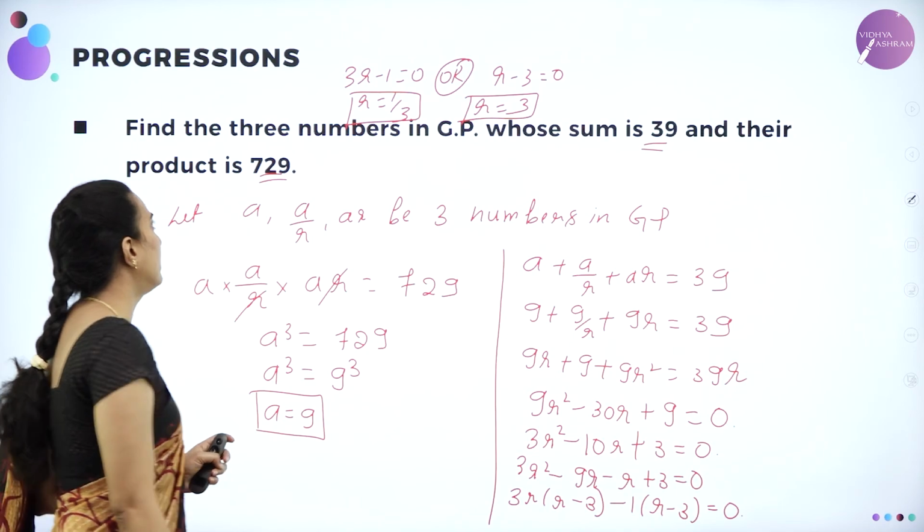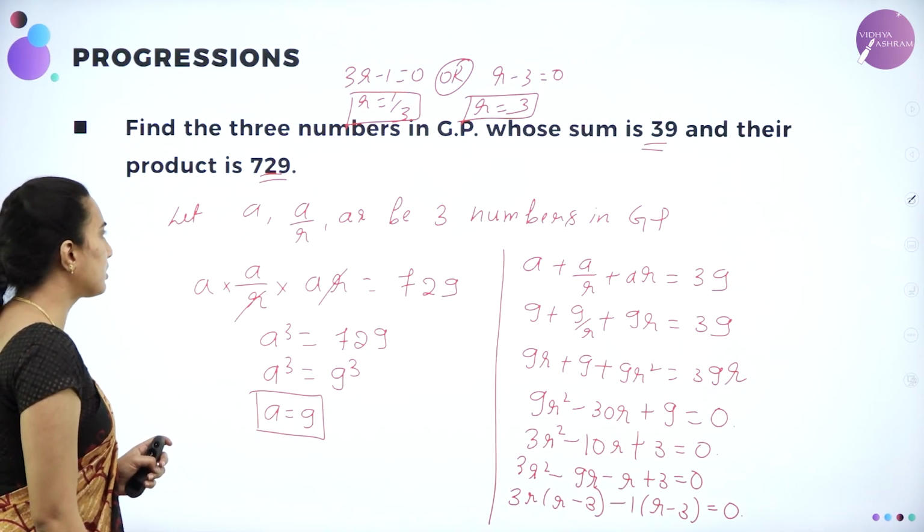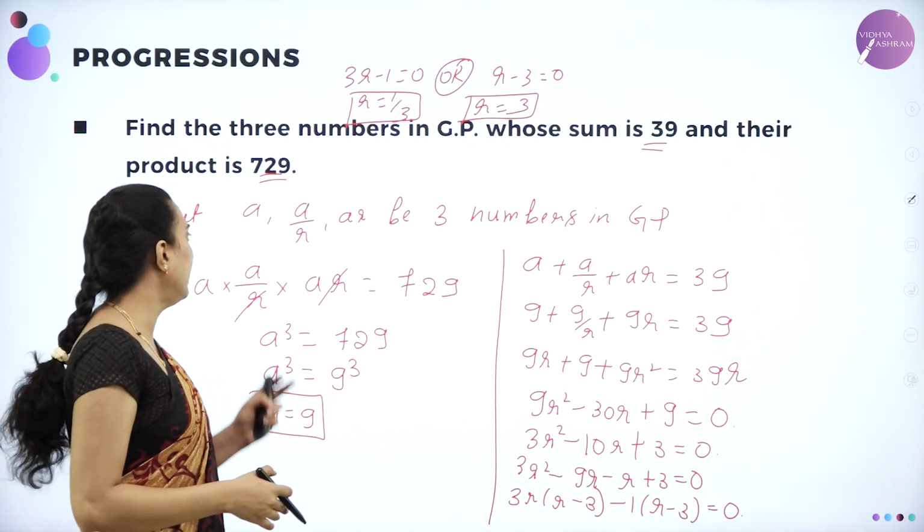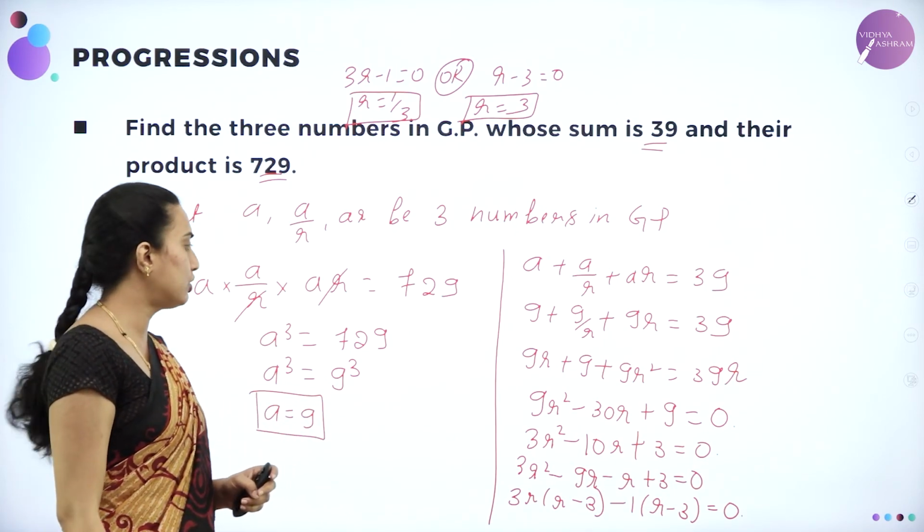These are the two values they have asked. Find the three numbers: when r is equal to 1 by 3, a is equal to 9, we need to find out.